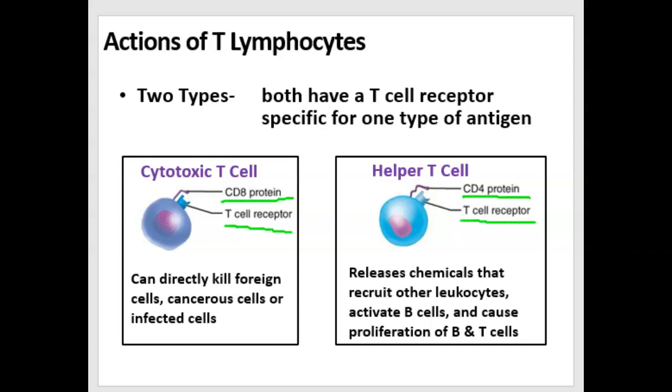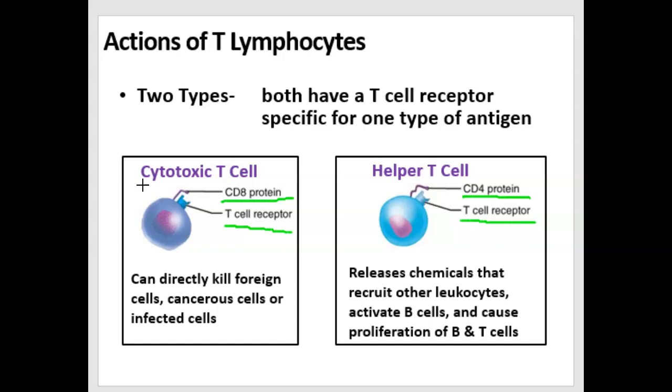The importance of these different CD proteins will be addressed when we cover the immune response later in the semester. What is important at this stage is that the cytotoxic or CD8 T cell binds to a foreign, cancerous, or infected cell and directly kills it. That's why it's called cytotoxic. And the helper T cell, or the CD4 T cell, when it recognizes and binds to a foreign antigen with that T cell receptor, it'll release chemicals.